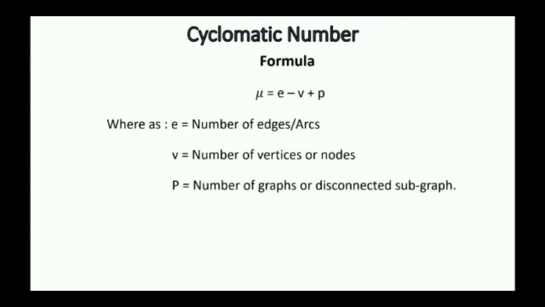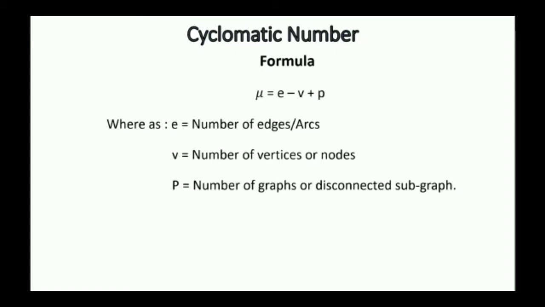Now we will discuss the cyclomatic number. It is a different type of measuring connectivity. The cyclomatic number is an arithmetic comparison between individual elements of a network system. It refers to the number of circuits in a given network.